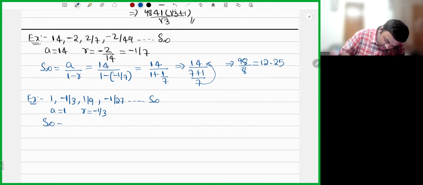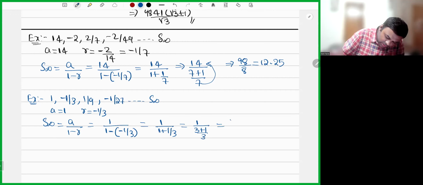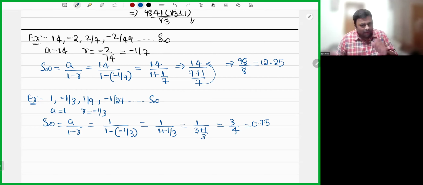So 1 divided by 1 minus of minus 1 by 3. So 1 divided by 1 plus 1 by 3. 1 divided by 3 plus 1 by 3. So 3 divided by 4, which is 0.75. If you don't simplify this also, it's completely fine. There is no issue.